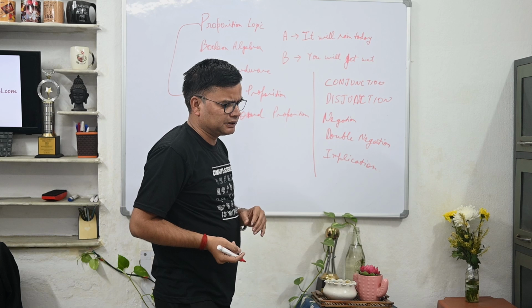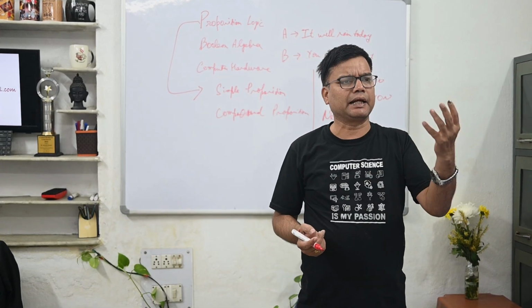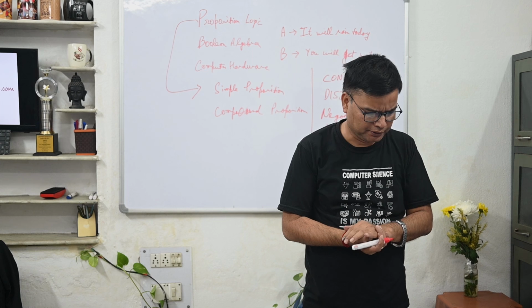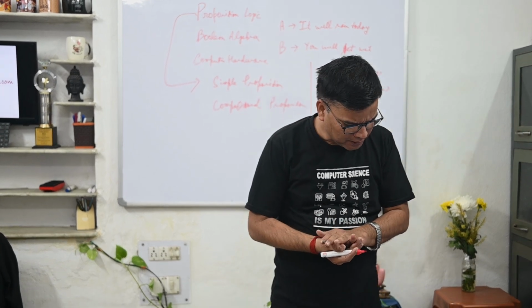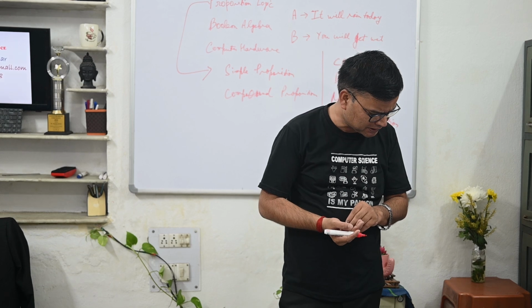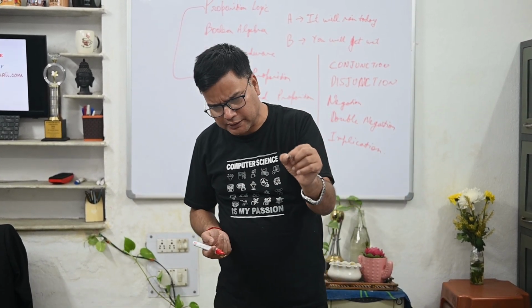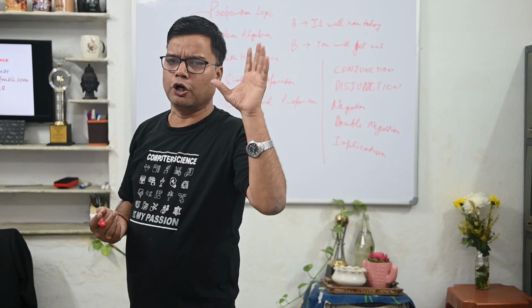Now if you talk about conjunction, a conjunction is a statement which is just like an AND operation. AND operation means when both are true, then the condition is true. So a conjunction is a statement where two propositions are joined with an AND operator.